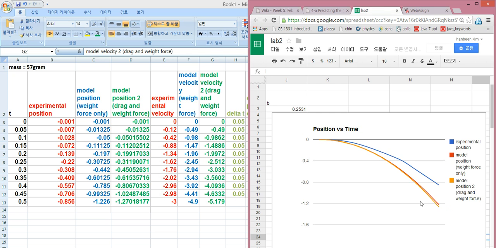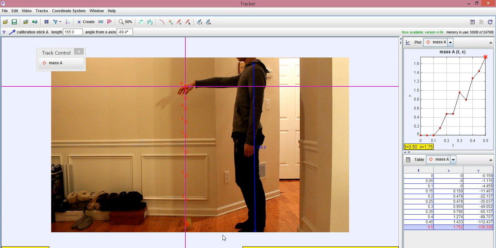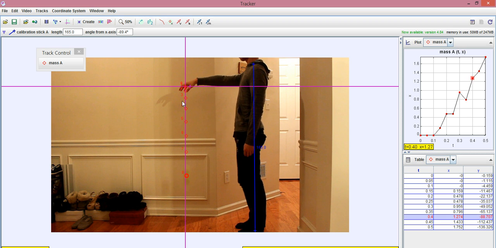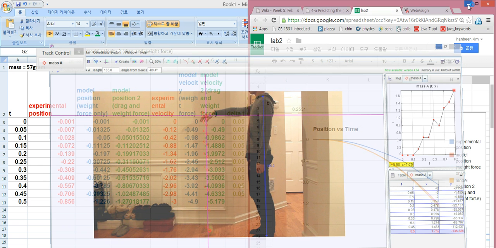While the experimental position, as you can see, is dramatically different than what I calculated, because in reality, I could have dropped the ball not just in the y direction. As you can see, the ball curves a bit, and I could have put some more force in the ball, and therefore the graph differs.